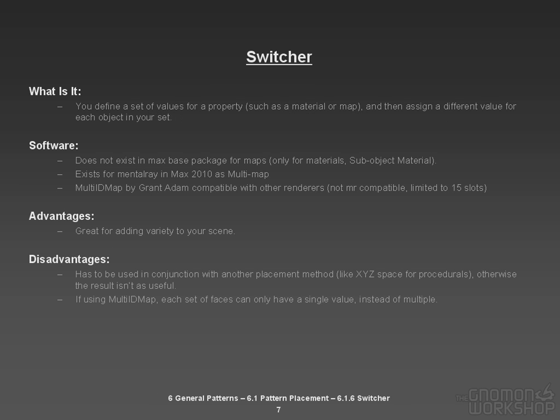And finally, for placement methods for general patterns, we have a switcher. A switcher is where you define a set of values for a property, such as a material or a map, and then assign a different value for each object in your set. So imagine you have like 200 rocks, and you have 4 different colors for these rocks.